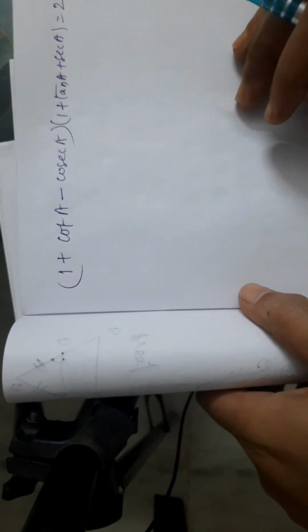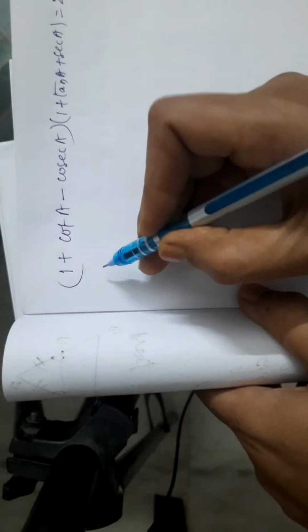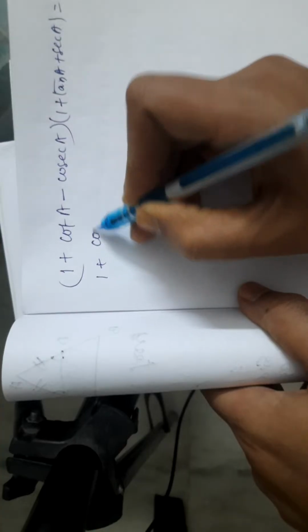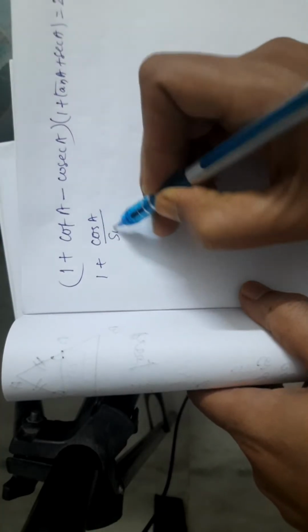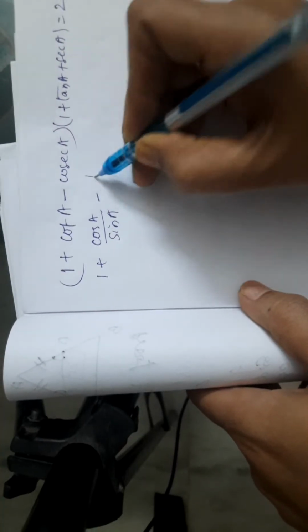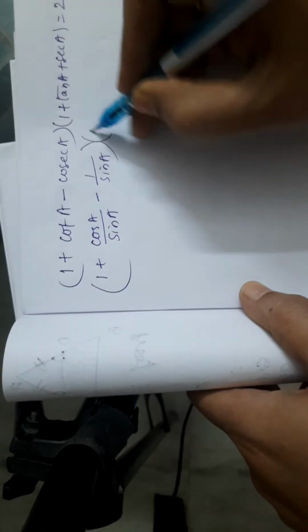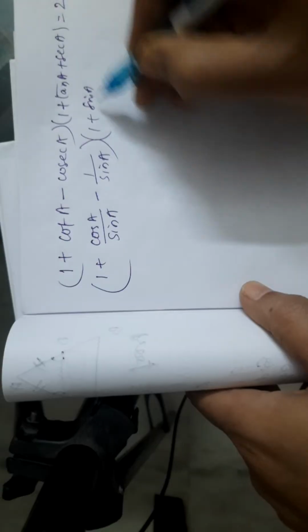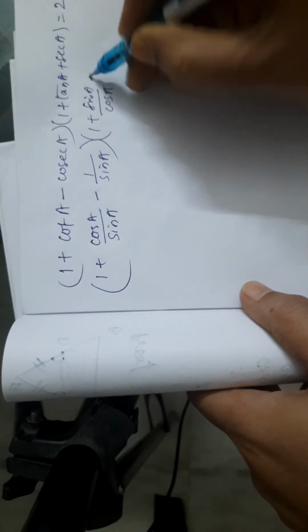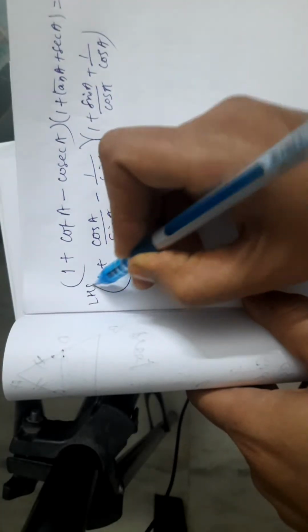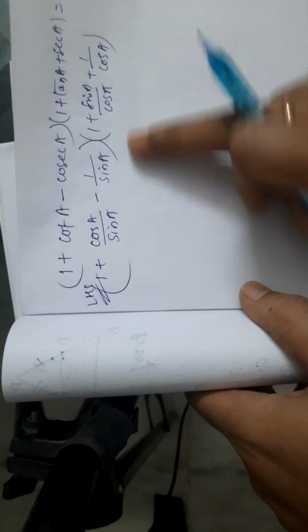So here, use values: cot is cos upon sin, cosec is 1 upon sin, tan is sin A upon cos A, sec is 1 upon cos A. We started with the LHS. Now sin is the LCM.